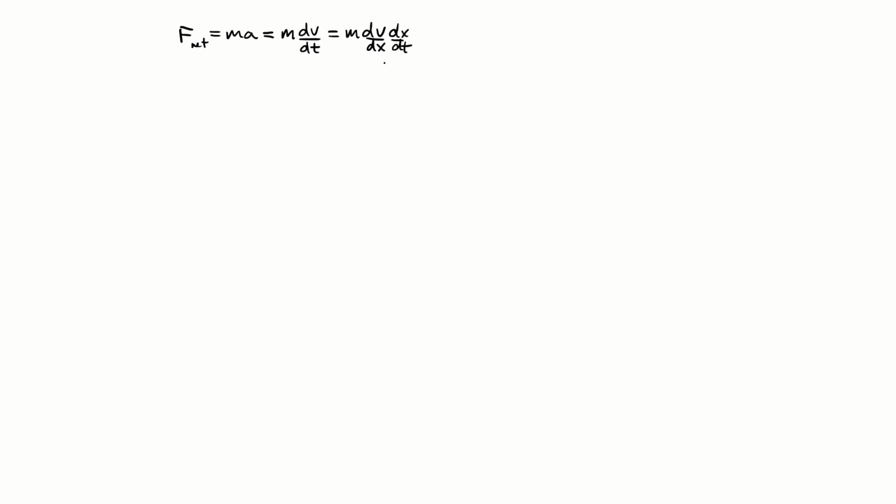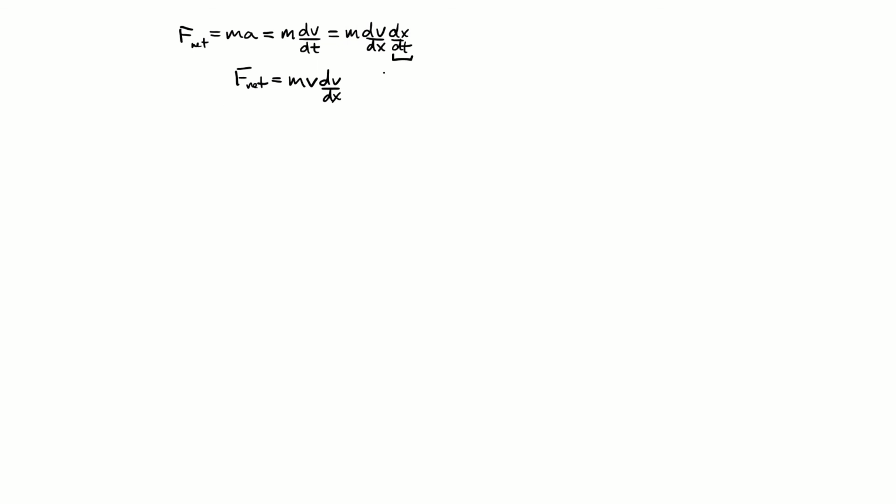We've just done some calculus on Newton's second law. So we have F net, I'll just rewrite this here for clarity, is equal to m. The dx/dt is just our velocity, so m v dv/dx is what Newton's second law gives us after some calculus.